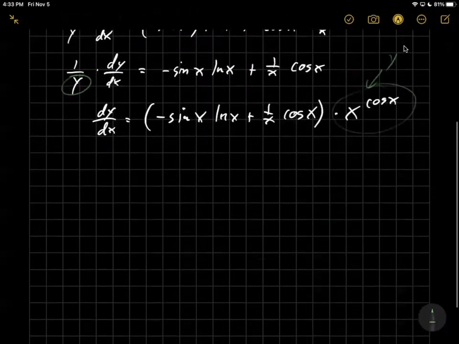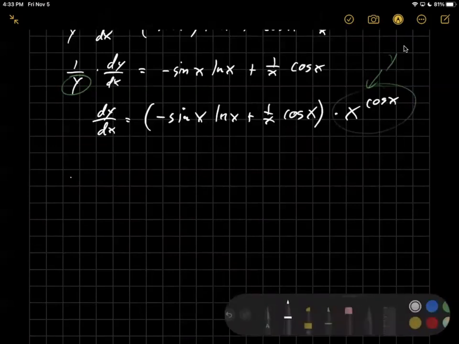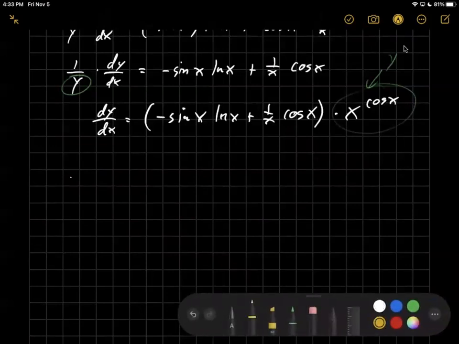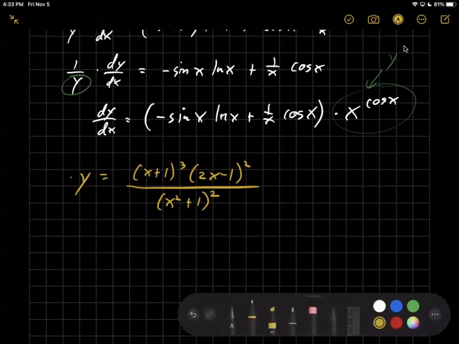Let's do another one that would be just nicer with logarithmic differentiation. So let me change to yellow here. And this one is x plus 1 cubed times 2x minus 1 squared, all over x squared plus 1 squared. Now just on the side, I'm going to jot something down.